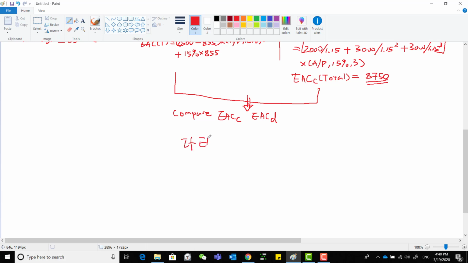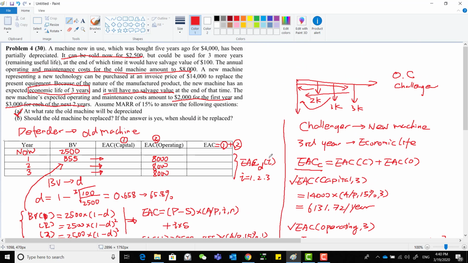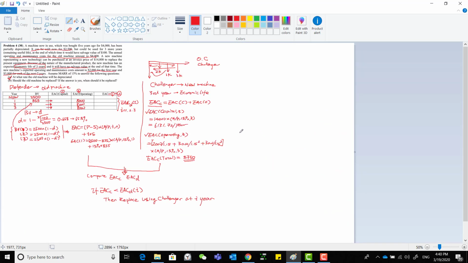If EAC challenger is less than EAC defender for a given year, then we need to replace the defender by using the challenger at the given year. That's the logic for solving problem number 4.